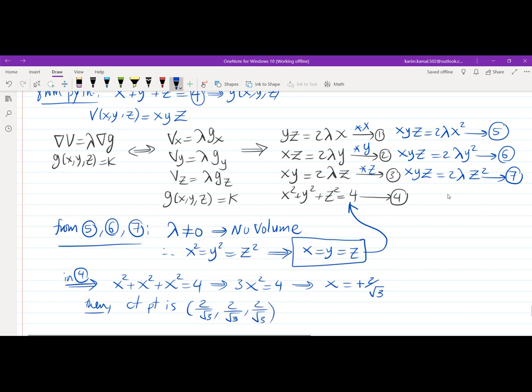So V at this point, 2 over root 3, 2 over root 3, and 2 over root 3.